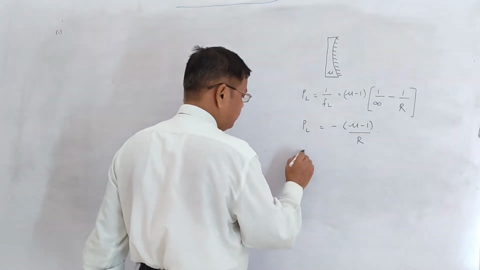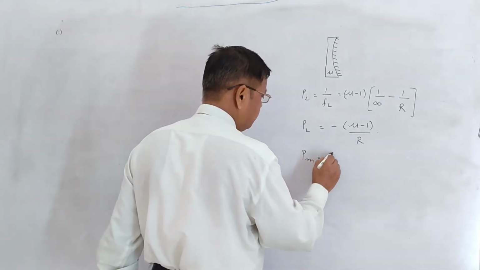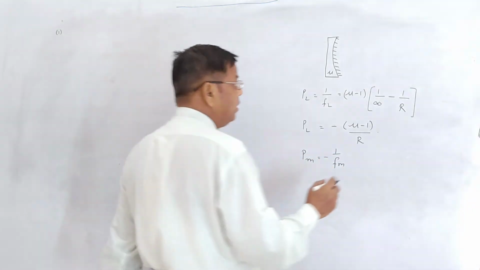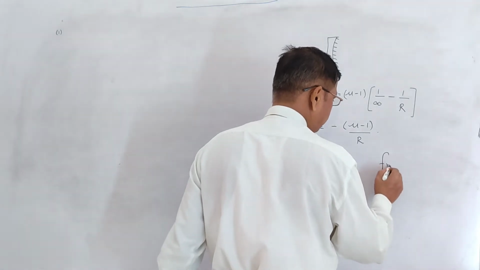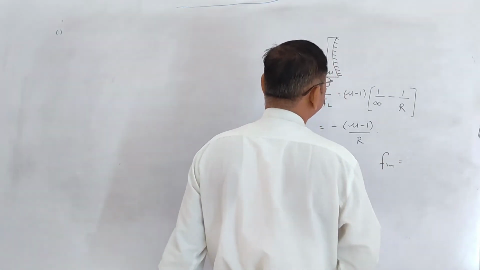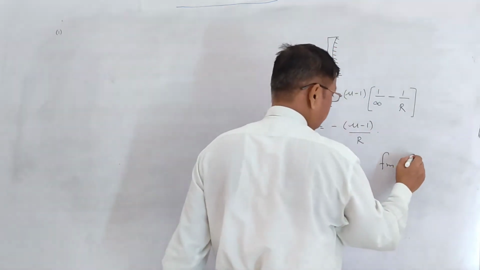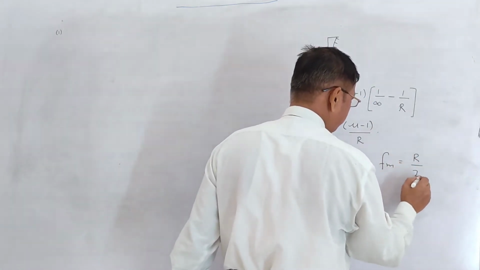This is the power of the lens. Now the power of the mirror is minus 1 upon Fm, the focal length of the mirror, and in this case the focal length of the mirror will be R by 2, and R is positive, so it is R by 2.